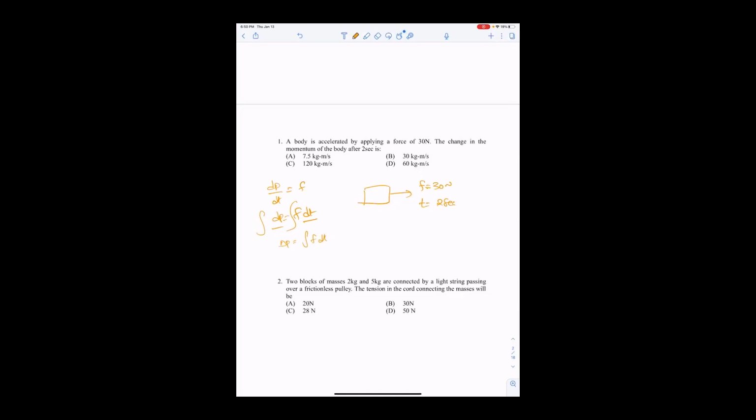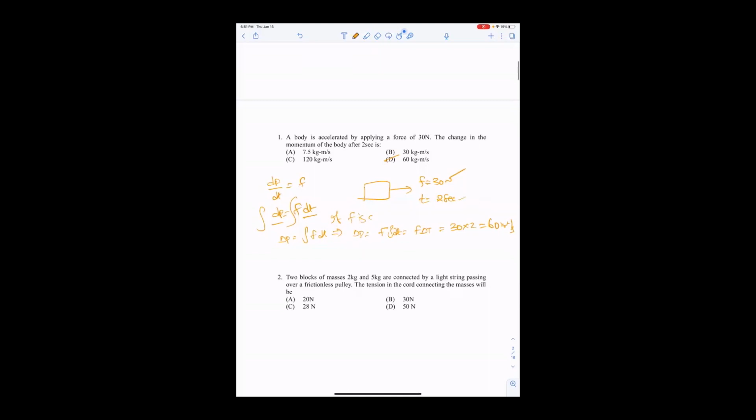If F is constant, then F comes out of the integral, and we get delta P is F delta t. So in this question, force is constant, it comes out of the integral. So F delta t, F is 30, delta t is 2, so 60 kg meter per second. Also be clear about the units, guys. This is the first one.